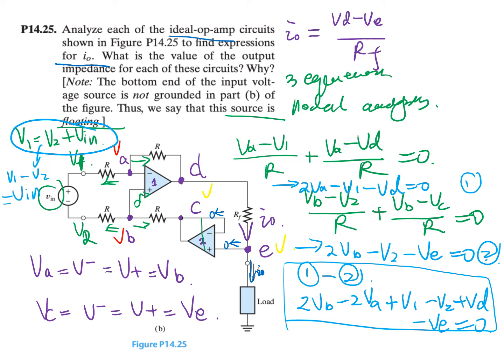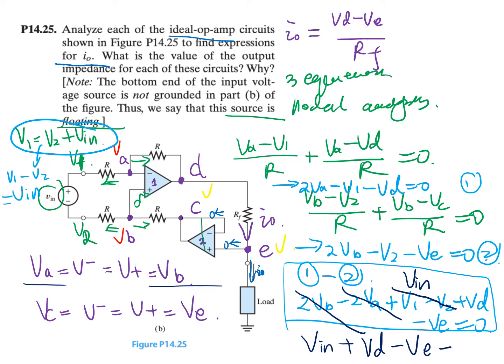So we can substitute the value of V1 minus V2 as Vin here. We also know that VA is equal to VB, so let's cancel it out. So the only relationship we are left with is Vin plus VD minus VE is equal to 0.